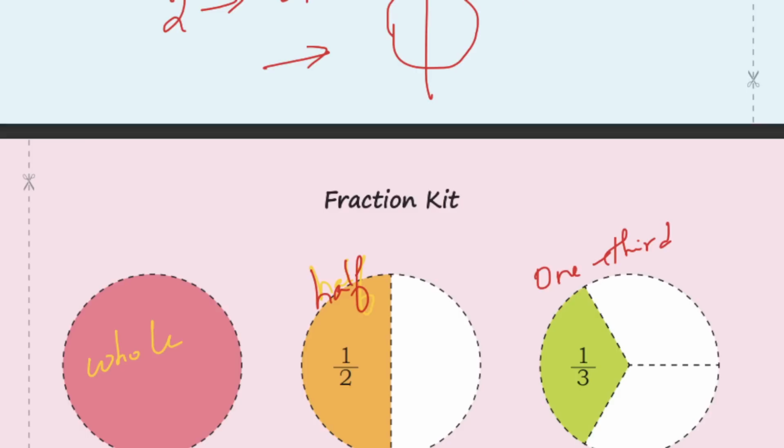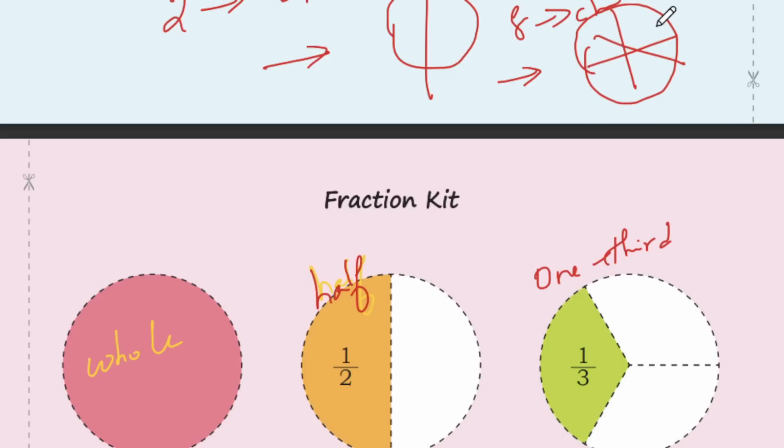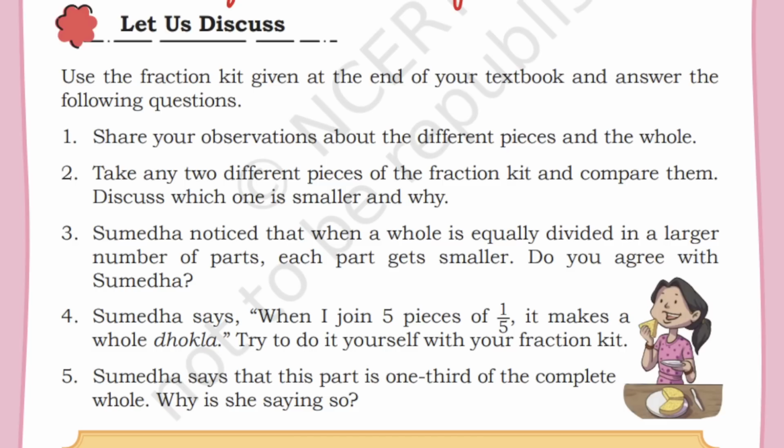But if you are bringing more, for example 8 children, then it will be divided among 8 students, each will get 1/8, so the piece size will become smaller. So the observation is if we bring more children, the pieces will get smaller.